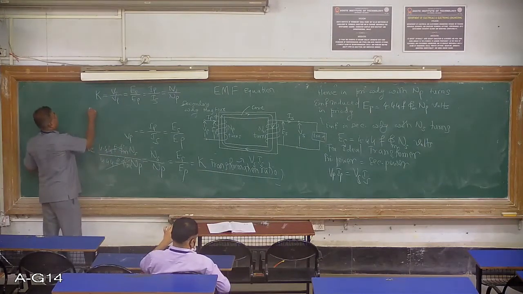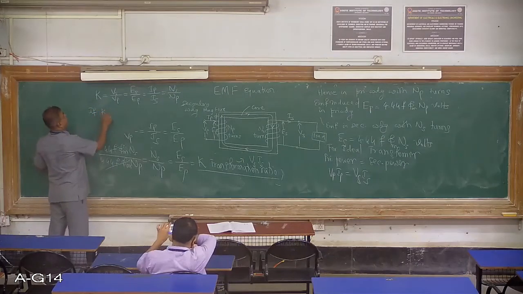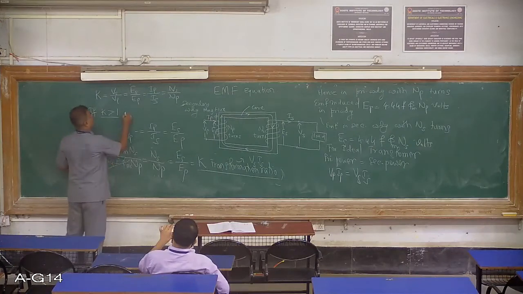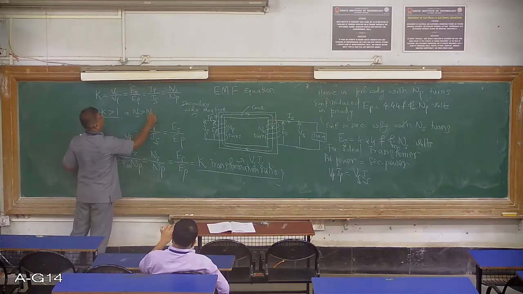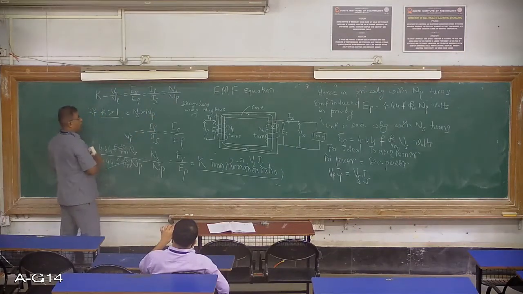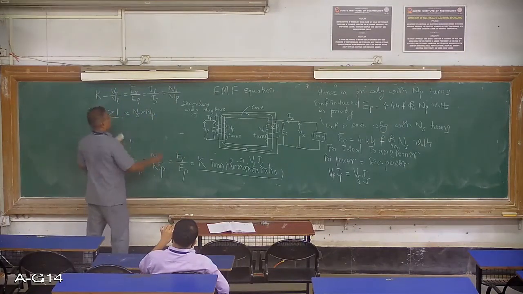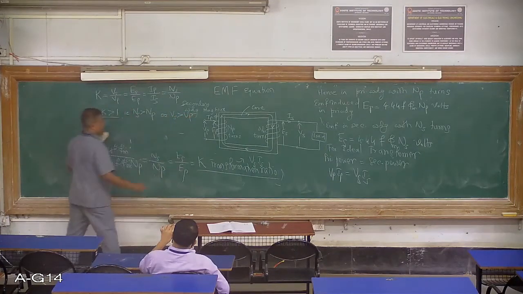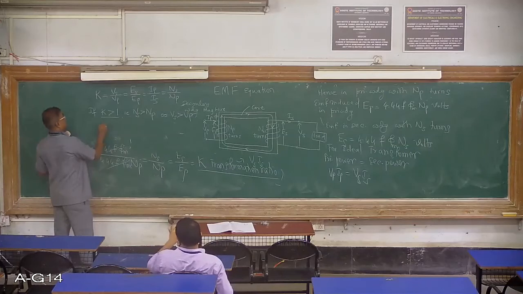If K is greater than 1, meaning Ns is greater than Np, or Vs is greater than Vp, the transformer is a step-up transformer.